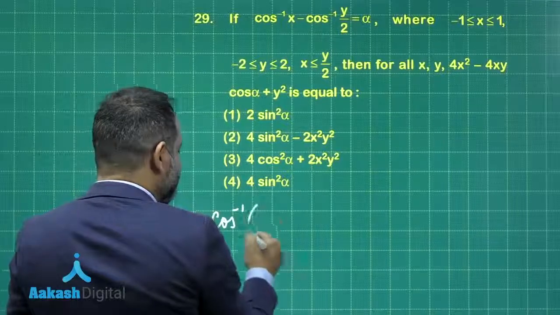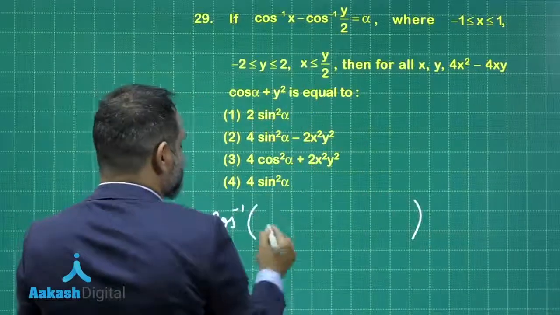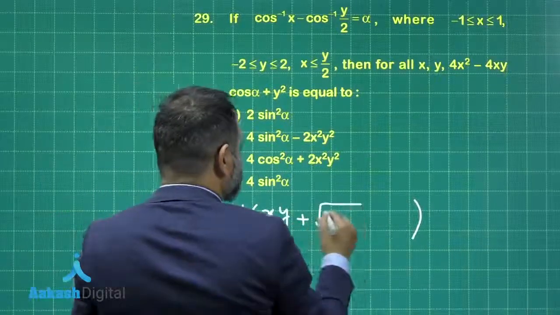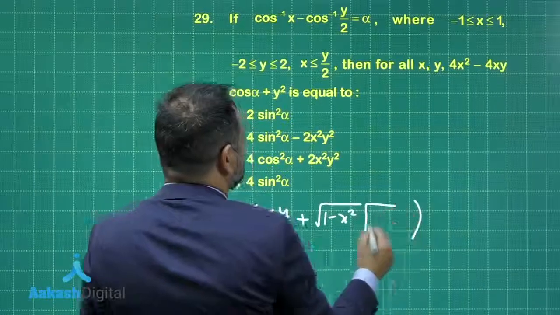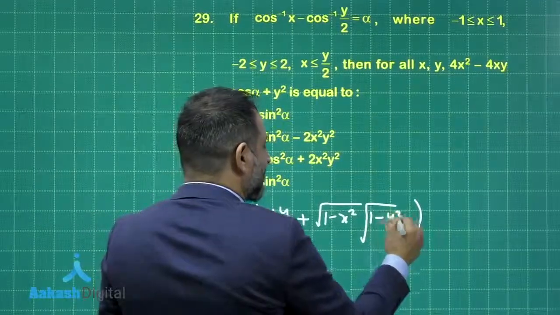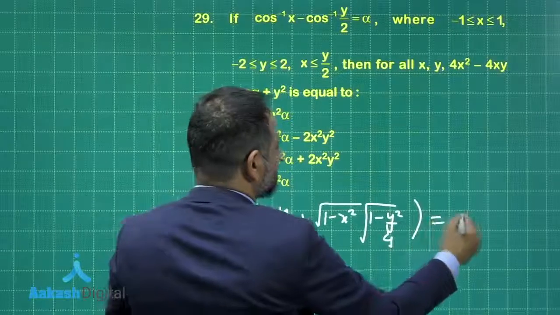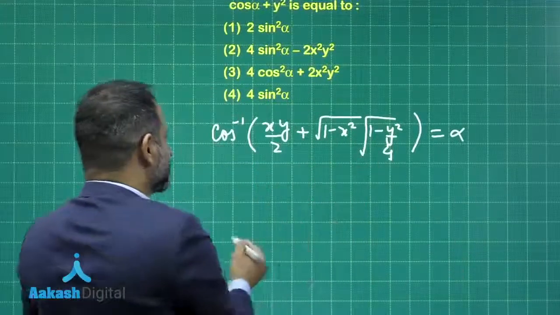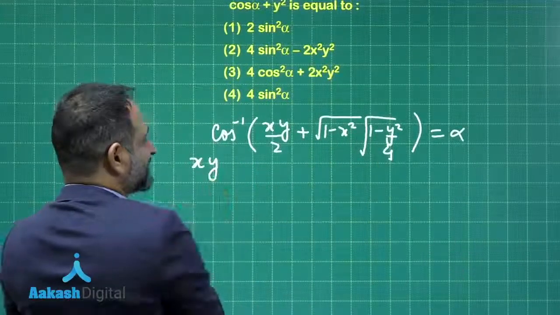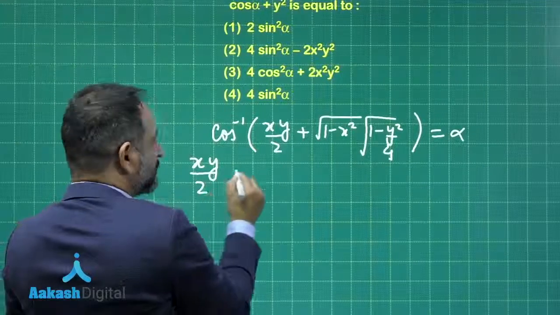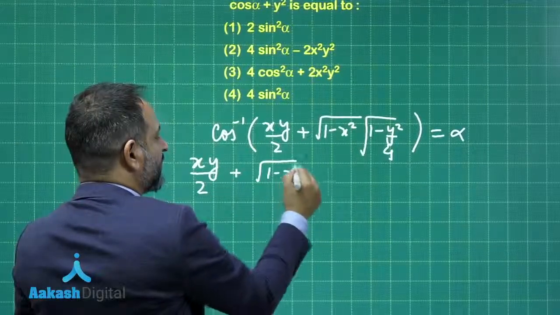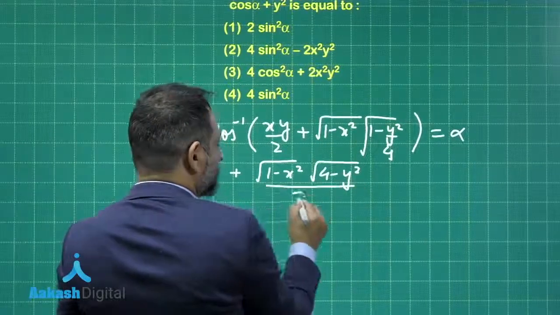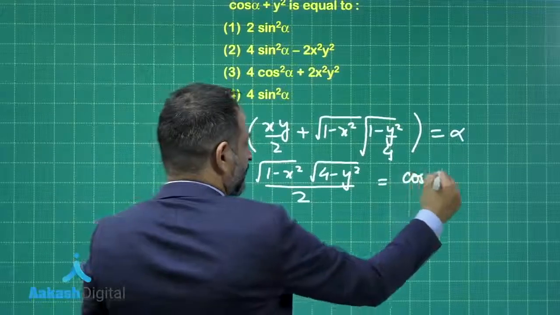So, this is cos inverse, clubbing these two terms, x into y by 2 plus under root of 1 minus x square into under root of 1 minus y square by 4 is equal to alpha, and again taking cos from both the sides, we have xy by 2 plus under root of 1 minus x square, again 4 minus y square by 2 is equal to cos of alpha.